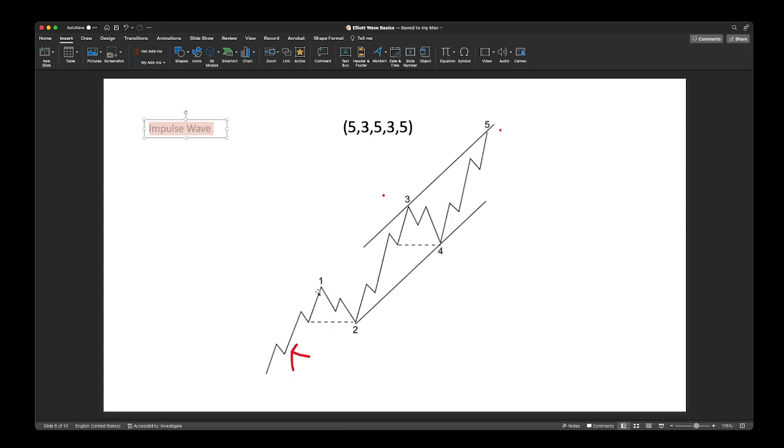The rules are wave 3 is never the shortest. Wave 2 can never go beyond the initial price point of wave 1. And wave 4 can never go to the end price point of wave 1. And that's your most common wave.